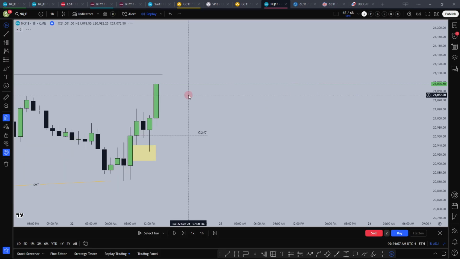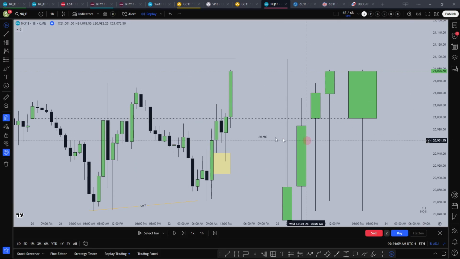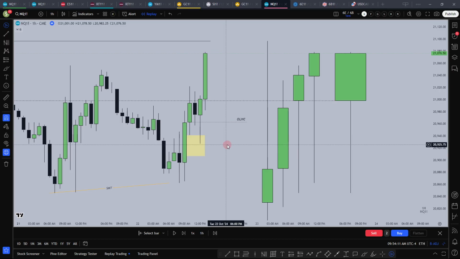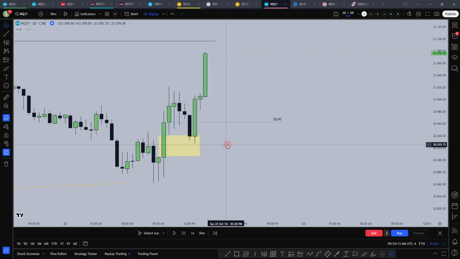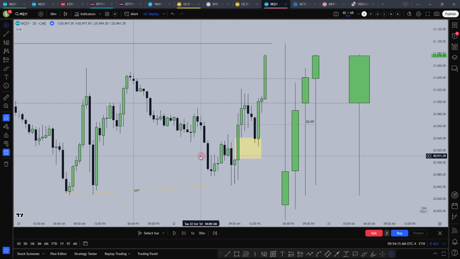H1 is a bit good to me, but you people might not be able to see that. M30 is the best time frame here. Let me put up the separators properly.